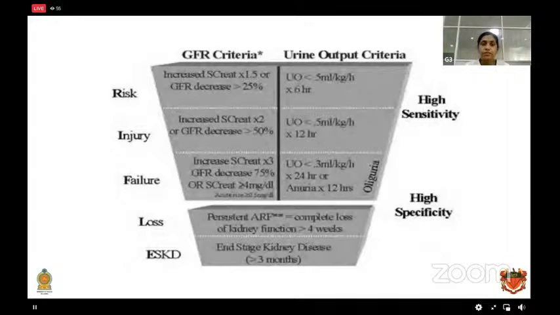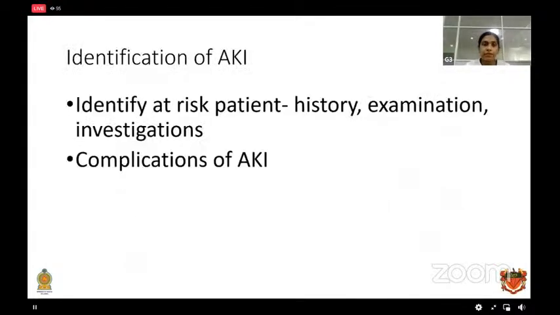This is also available in the KDIGO guidelines. Now you know what the causes of AKI are and how you are going to assess the severity. Once the patient comes to you, how are you going to identify that this patient has acute kidney injury?